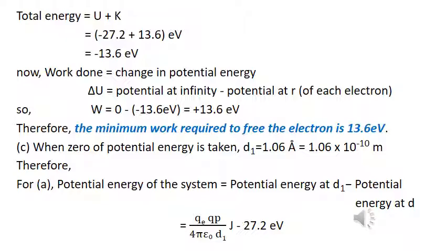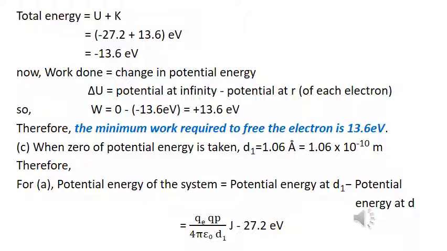In part C, when we consider zero potential energy at a distance d1 is equal to 1.06 into 10 to the power minus 10 meter. Therefore, for part A, potential energy of the system will be equal to potential energy at d1 minus potential energy at d.